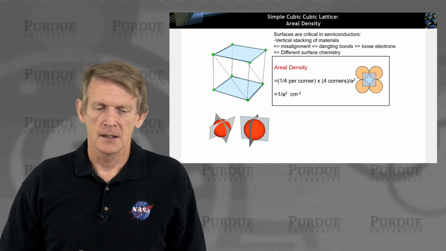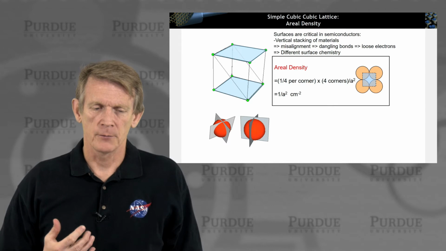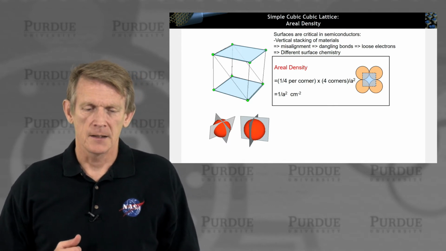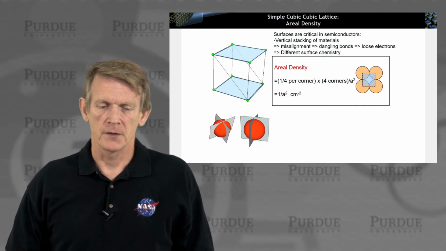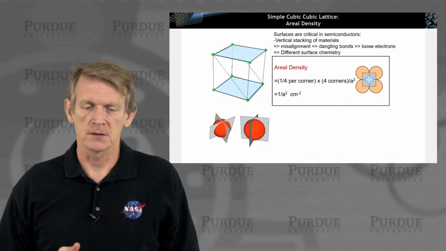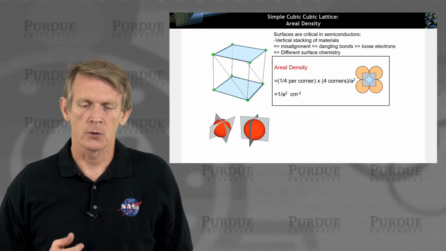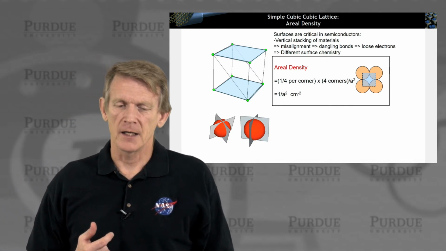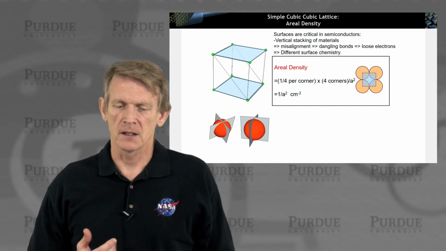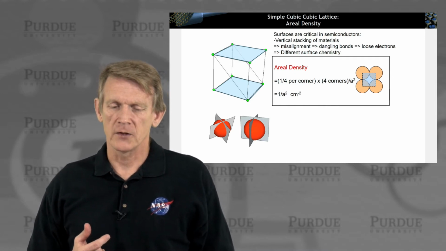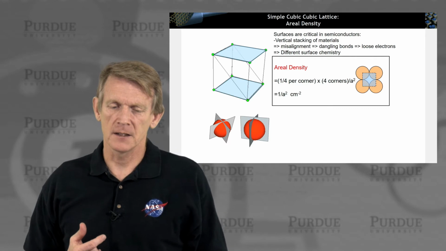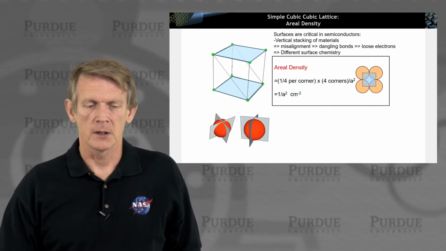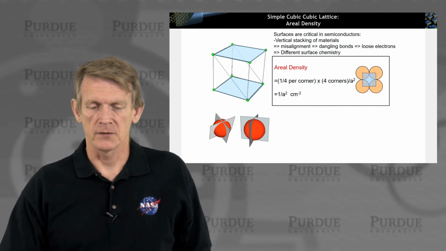So in this area on the top surface of a cube, we have 4 corners, and each atom is part of 4 other surfaces. So there's a quarter per corner, but you have 4 corners, and you divide by the total area that's available. So that's 1 over A squared. So the areal density is 1 over A squared in this cubic lattice on this particular surface.